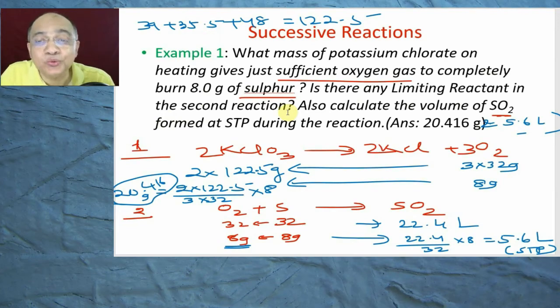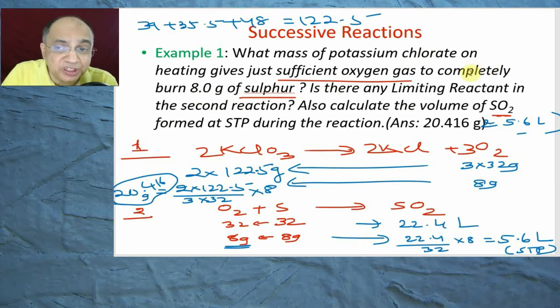The answer is no, because in the second reaction, whatever oxygen is produced in the first reaction, all is consumed. This oxygen is required to completely burn 8 grams. That means the oxygen which is produced is exactly sufficient to burn 8 grams of sulfur.